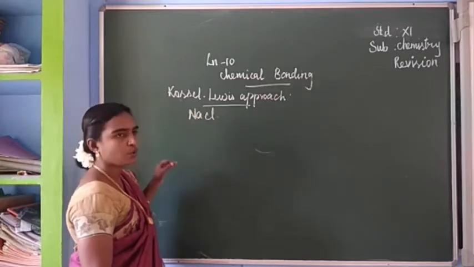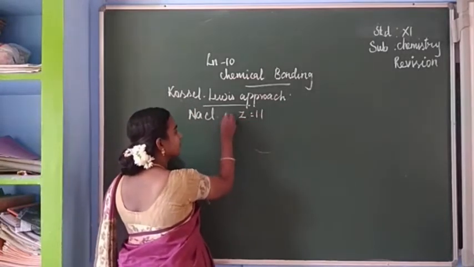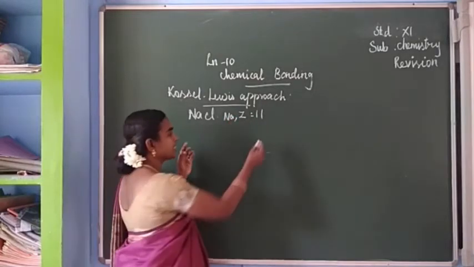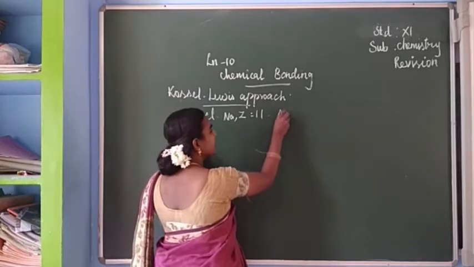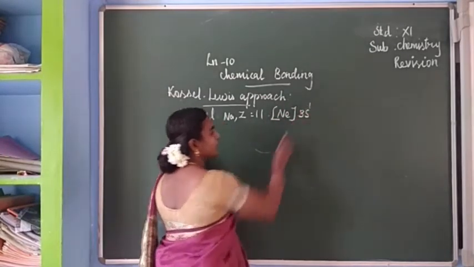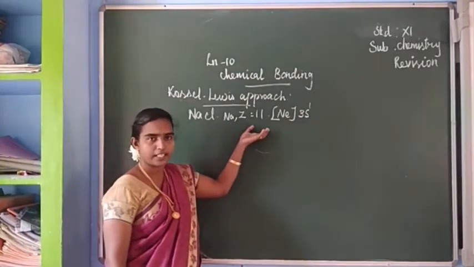For example, sodium, atomic number Z equals 11. I am writing the electronic configuration of neon and 3s1. This is the electronic configuration of the sodium atom.